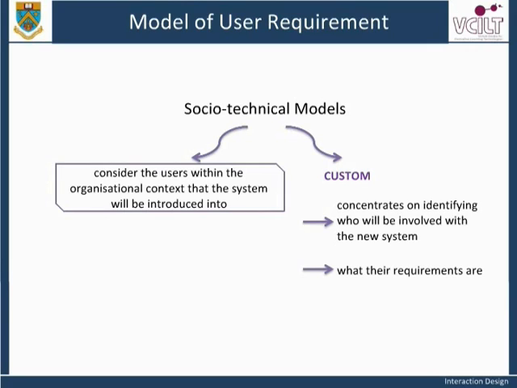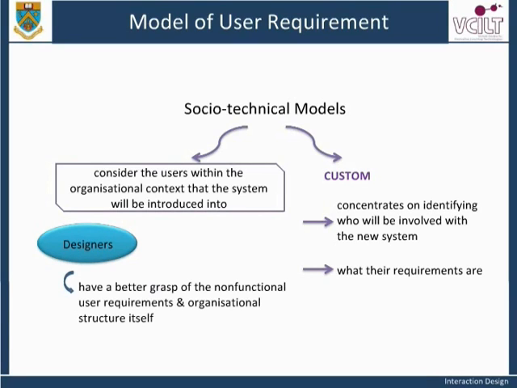Once these have been identified, the designers of the system should have a better grasp of the non-functional user requirements, as well as the organizational structure itself and how this relates to the design. Taking these requirements into account should help designers develop more acceptable and efficient systems.